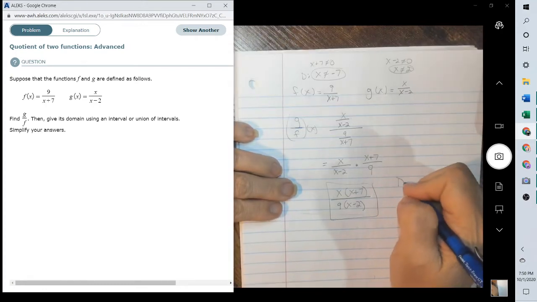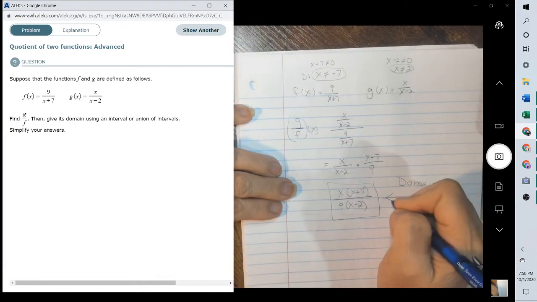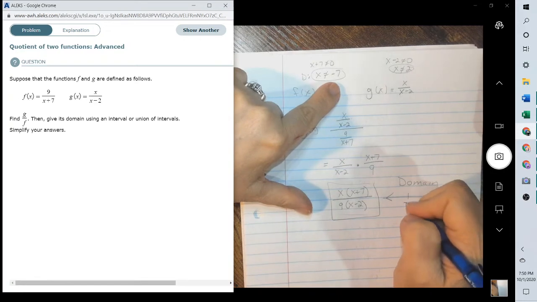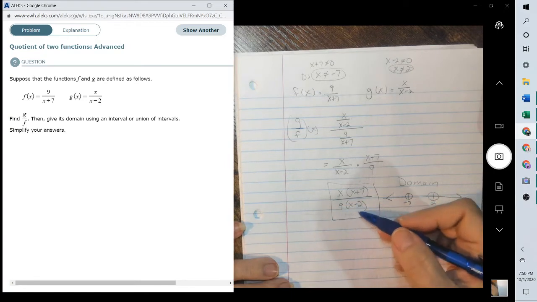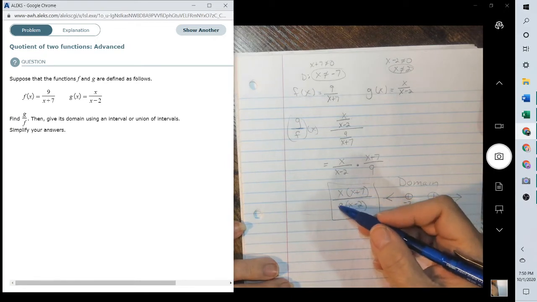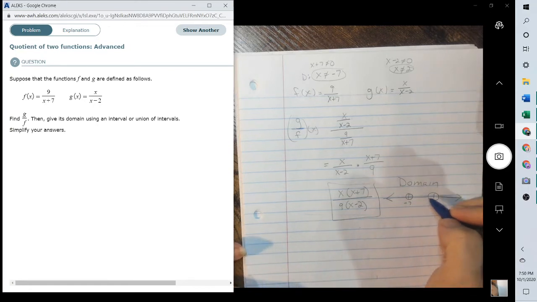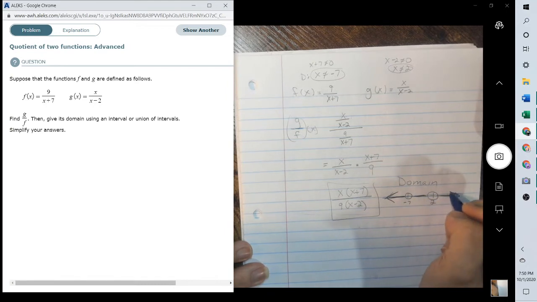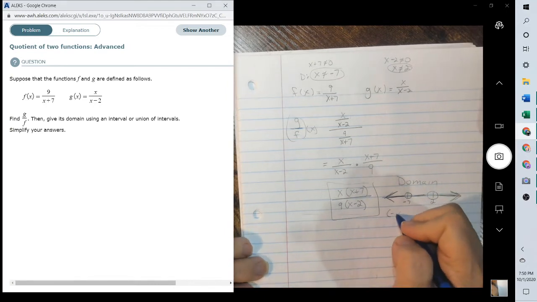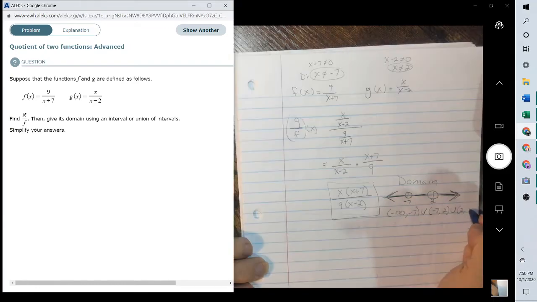For the domain, we have negative 7 and 2. And there's nothing new in the denominator. If this x were down there, we'd also have to omit 0. But since it's not there, we only have these two. So the domain's negative infinity to negative 7, negative 7 to 2, and 2 to infinity.